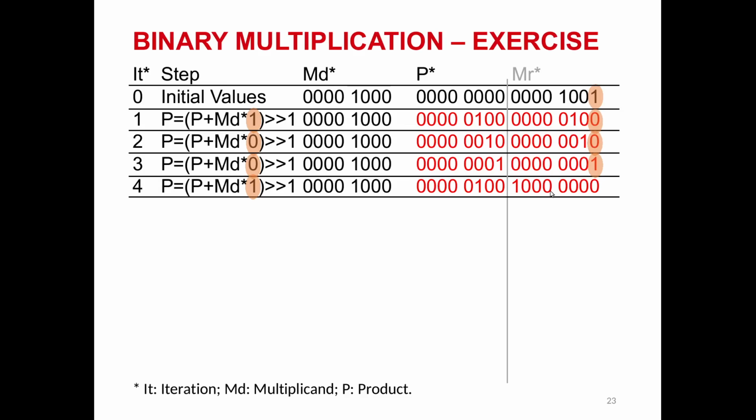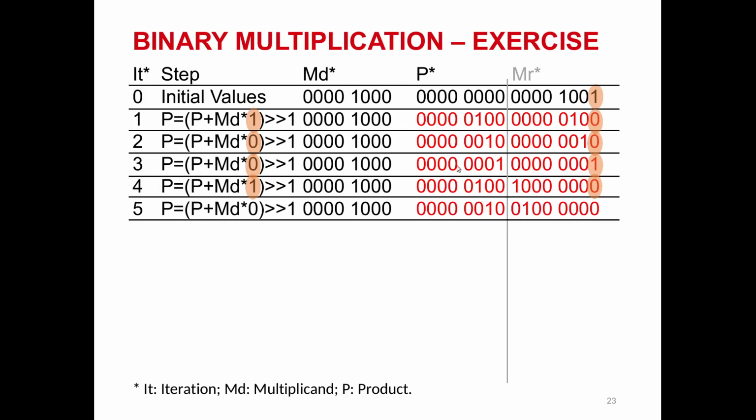So MR should start from here to here, and value of product should start from here to here. Again, here we have value 0, and so MD will be multiplied with 0 and plus with the higher part, or the most significant 8 bit part of products, and of course MD multiplied with 0 means 0, and the most significant part of P will keep unchanged, but will be shifted to the right only, and here is the new value in the 5th step.